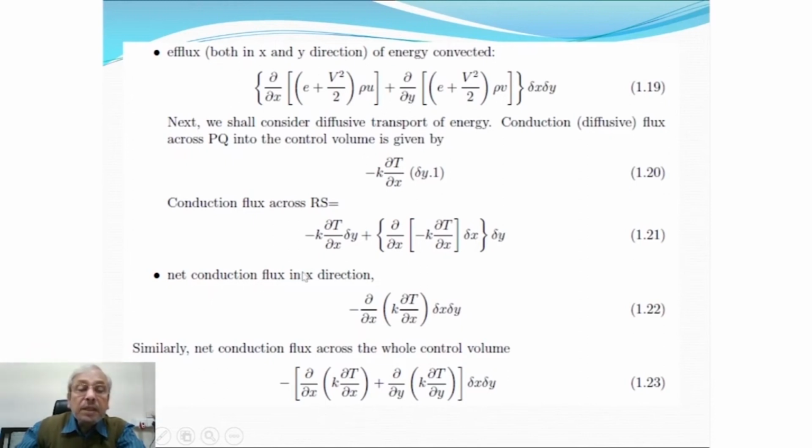So net conduction flux in x direction is then minus del X of K del T del X del Y.